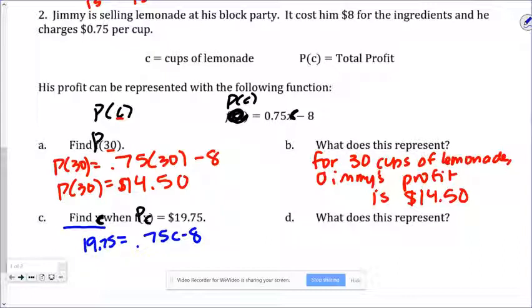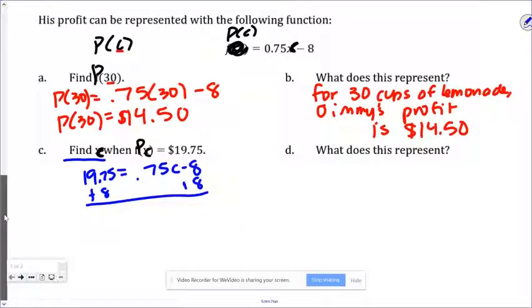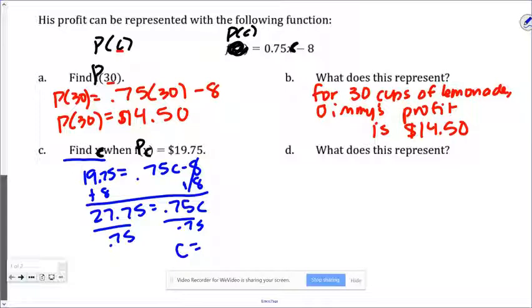Okay, so I'm just going to add 8 over and then divide by 75 cents. Let me scroll up here really quick. All right. Okay, then divide both sides by 0.75. All right, so $27.75 divided by 75 cents. You should get C is 37.